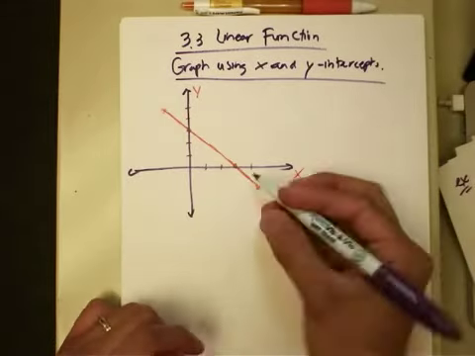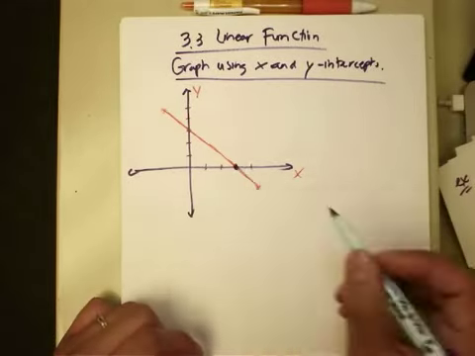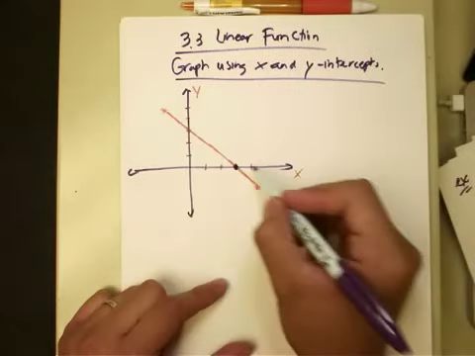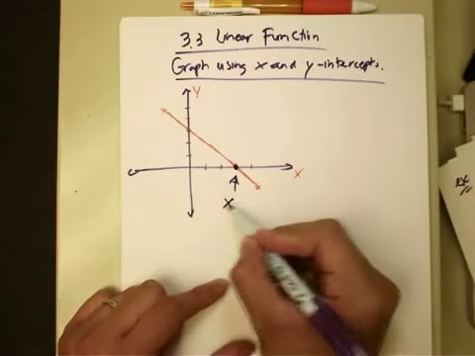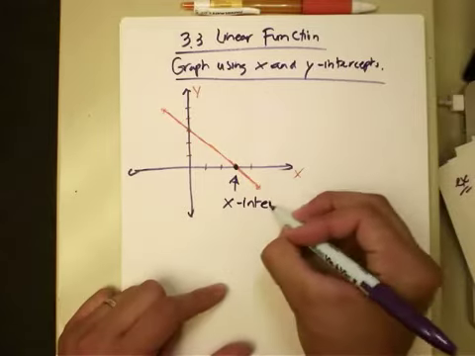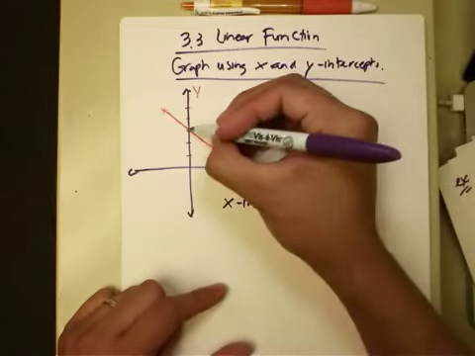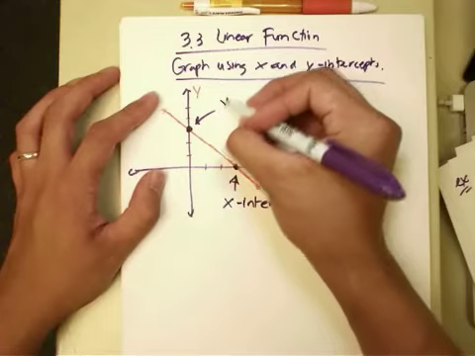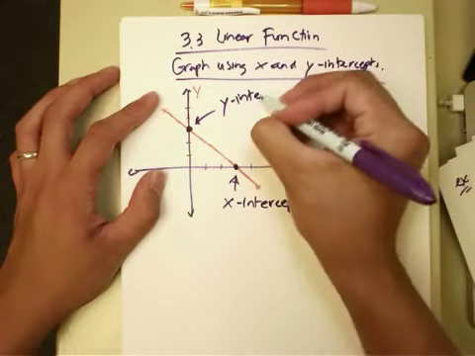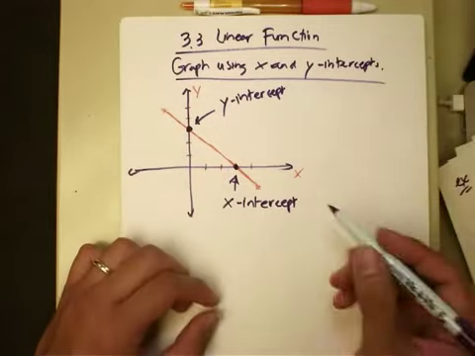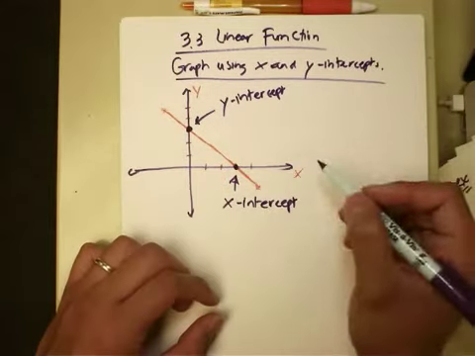The point on the x-axis where the line is crossing over, right there, where your function crosses over the x-axis is called the x-intercept. Okay? And the point where your line is crossing over the y-axis is called the y-intercept.